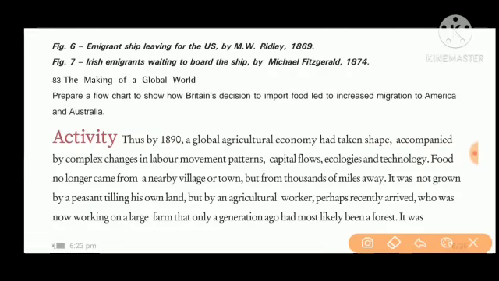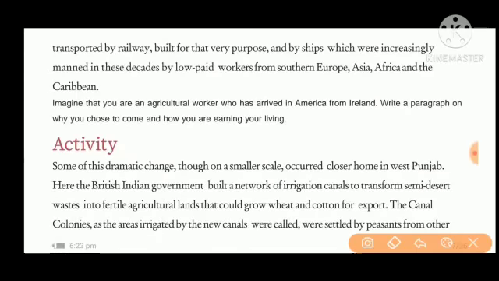It was not grown by a peasant tilling his own land, but by an agricultural worker, perhaps recently arrived, now working on a large farm that only a generation ago had most likely been a forest. It was transported by railway, built for that very purpose, and by ships which were increasingly manned in these decades by low paid workers from southern Europe, Asia, Africa and the Caribbean.